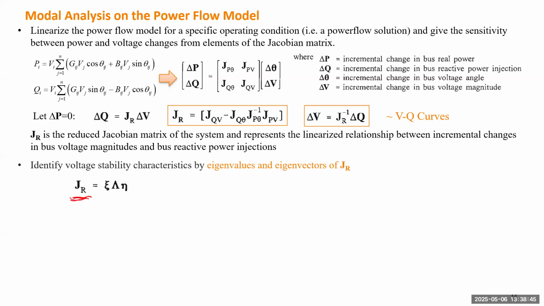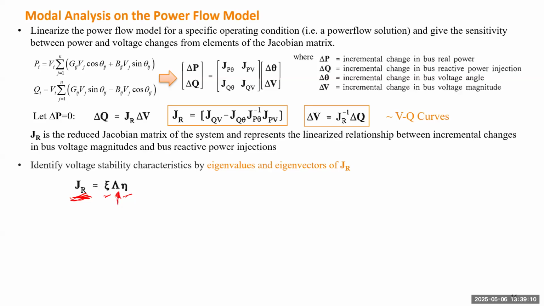Let's assume the JR as a matrix can be diagonalized, which means it will be multiplied by a non-singular matrix Kasai on the left-hand side, and also multiplied by another non-singular matrix eta on the right-hand side. And the lambda here will be a diagonal matrix.